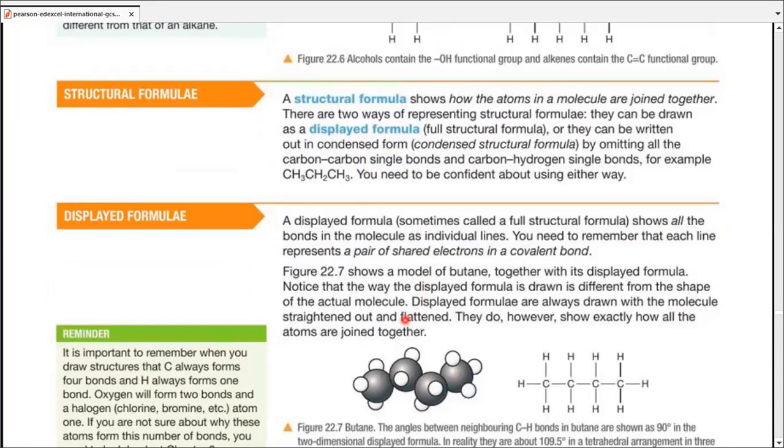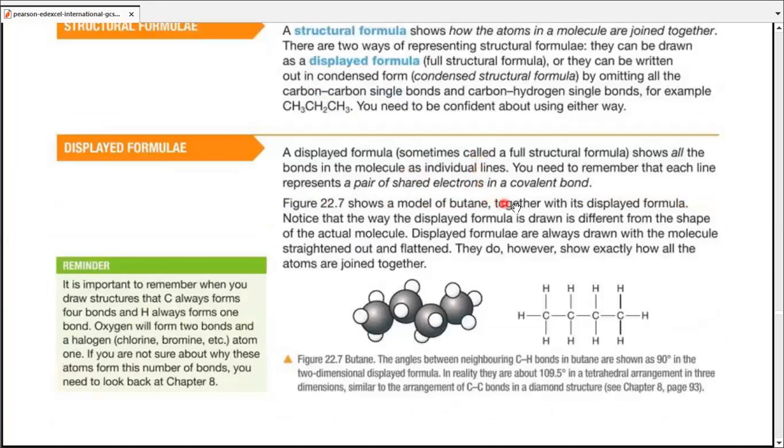Moving on, structural formulae show how the atoms in a molecule are joined together. There are two ways we can draw their structures. For example, displayed formulae. Displayed is also known as a full structural formula. In this formula, we draw all the atoms and all the bonds. Take a look.